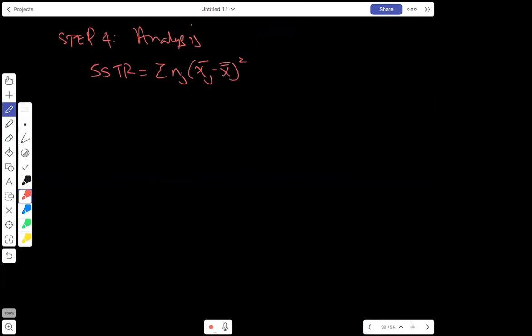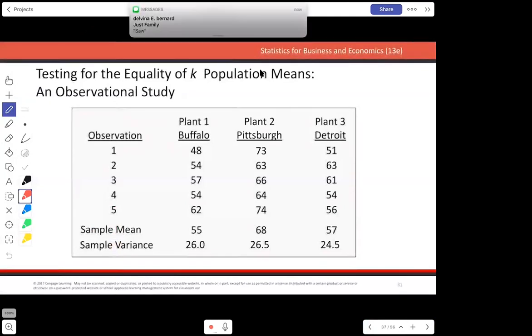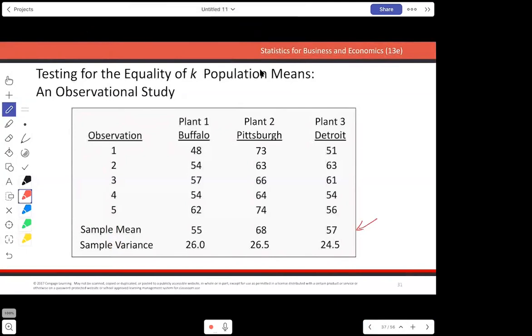So if we go back to our table, if you're writing this down, those values here are our sample means, so those are the x bar j's. Sample variances, those are the s squared j's.